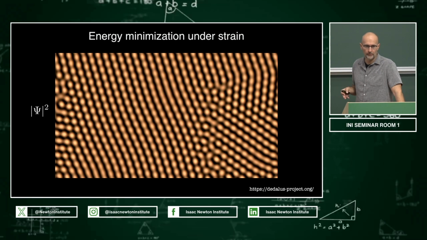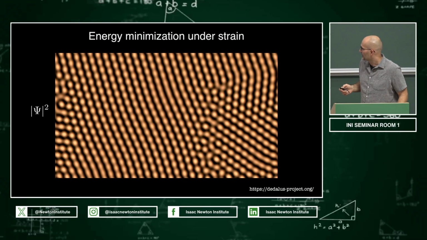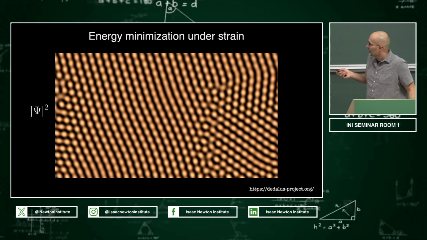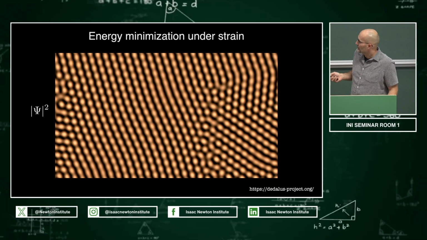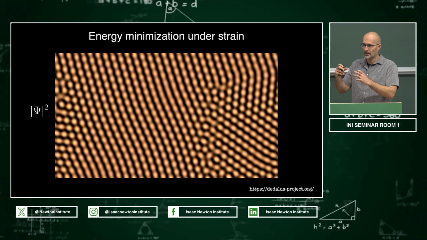Here it's in a slightly frustrated state, and if you choose the parameters right, you can get these lattices. In that case this is not a supersolid, because you can see that the density essentially vanishes in between. That is a state where you have a lattice of almost independent droplets.